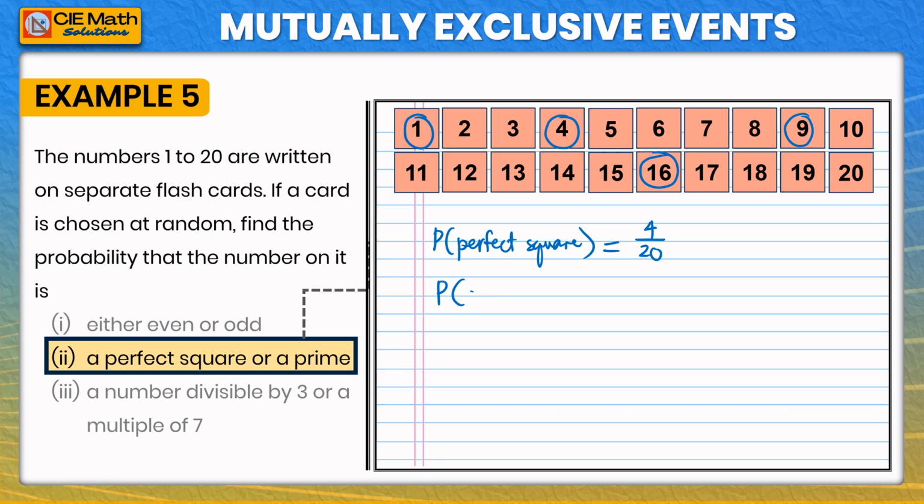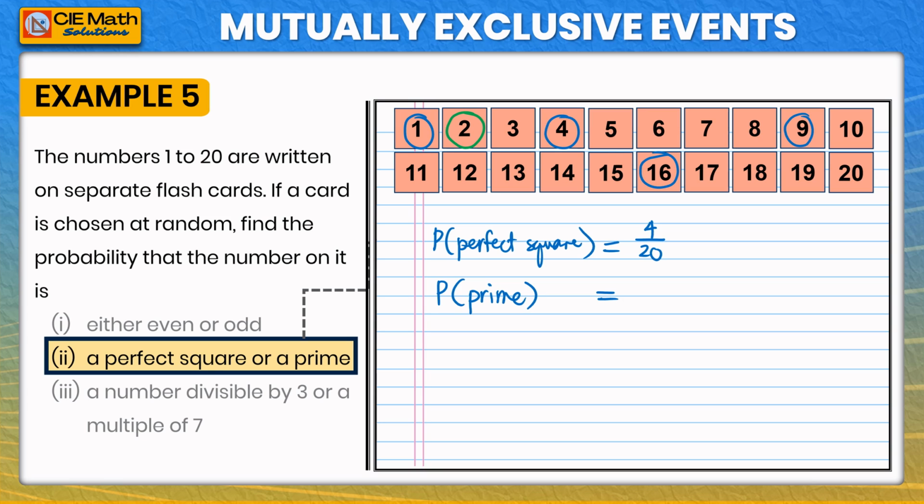Next will be the probability of getting a prime. Now let me change the color of my pen. Okay, prime numbers are numbers that can be divided only by itself and 1, or the only factors are 1 and itself. So if we check the numbers, definitely 2.